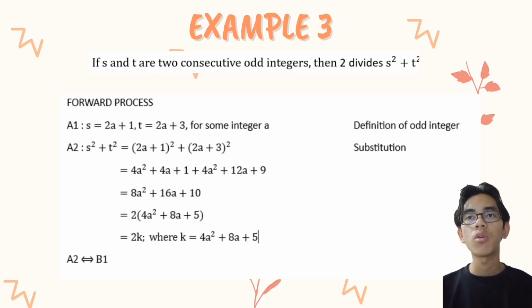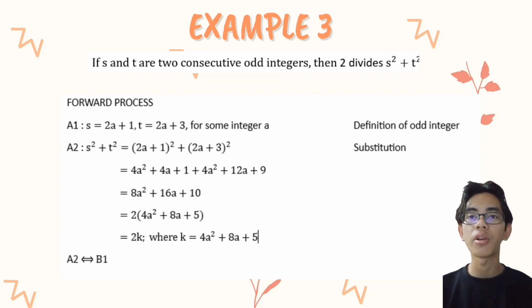After that, we use the forward process. By the definition of odd integers, for A1, S equals 2A plus 1, T equals 2A plus 3 for some integer A. By using the substitution method, substitute A1 into the expression S squared plus T squared.